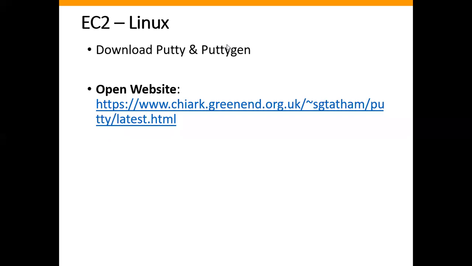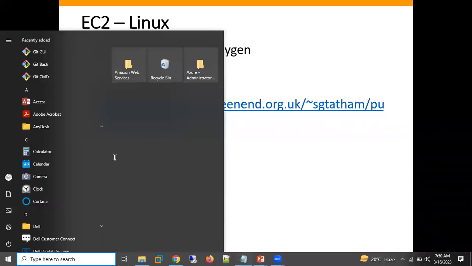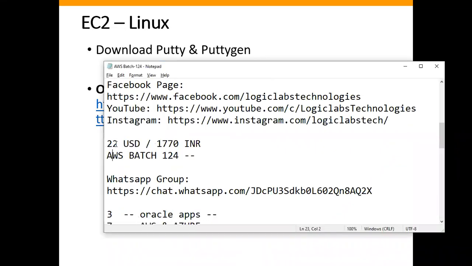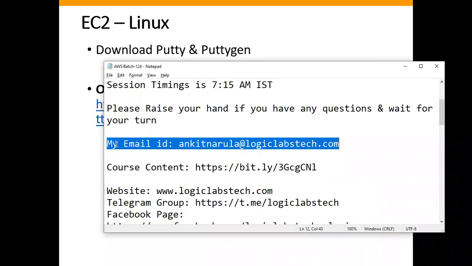Drop me an email. Do you have my email ID? Yeah, I think I have it. Okay, don't worry. Let me share. Okay, drop me an email. Okay. Yes. Thank you.